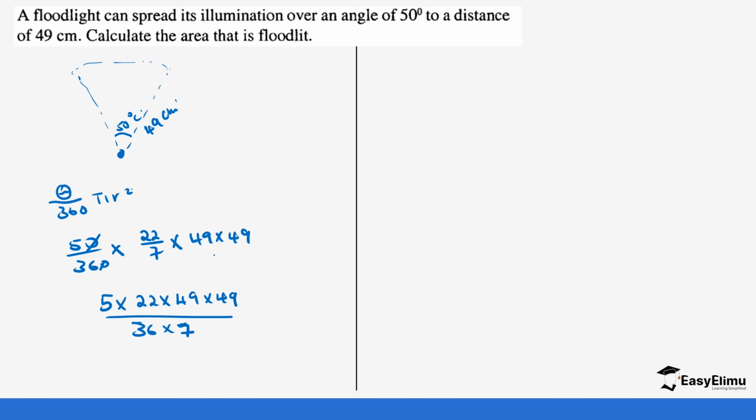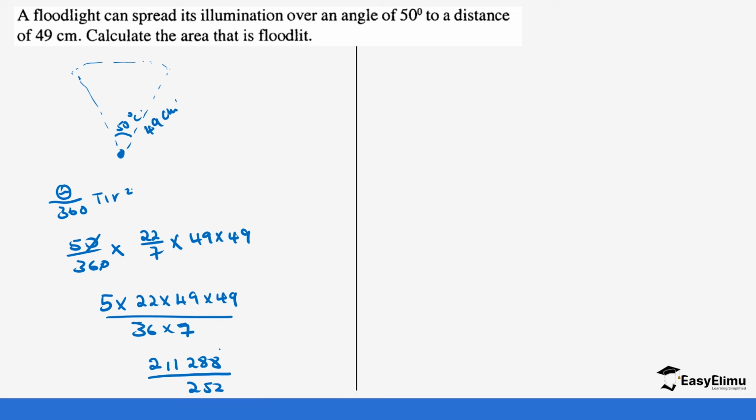So you're going to do 5 times 22 times 49 times 49, which is going to give us 211,288 divided by, 36 times 7 gives us 252.